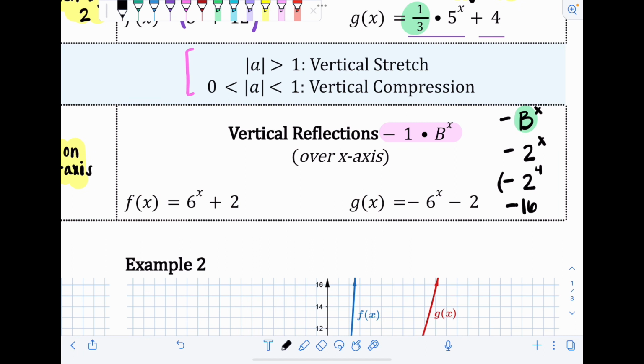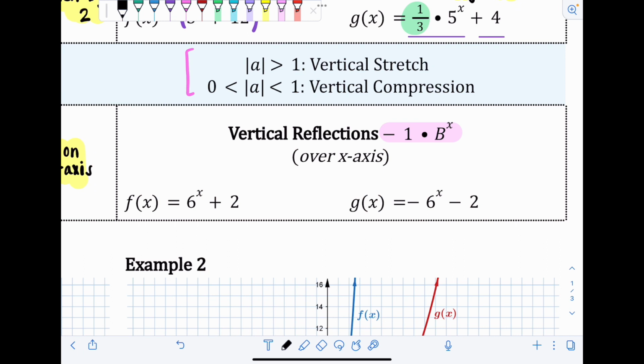Whereas if the negative belonged to the base, which it shouldn't for an exponential function, that would actually turn into a positive 16 because you have 4 negatives multiplied together. So just keep that in mind with the vertical reflection, or reflection over the x-axis: there will be a negative in front, but it doesn't actually belong to the base itself. It's just multiplying the output by a negative to flip it.